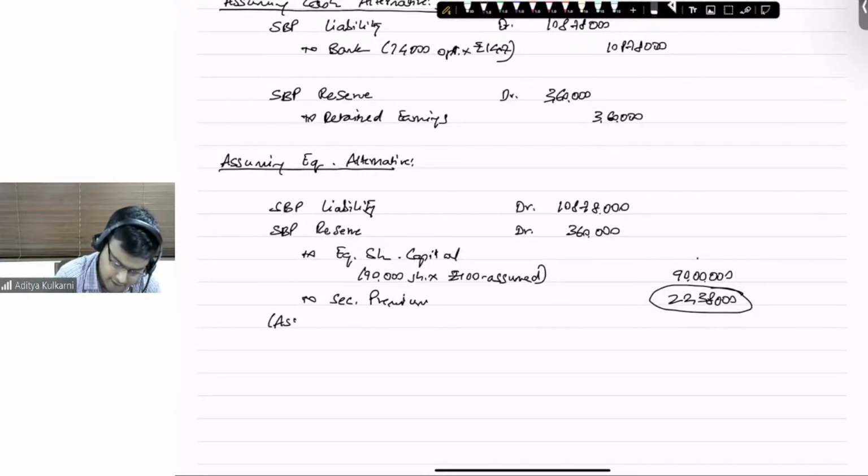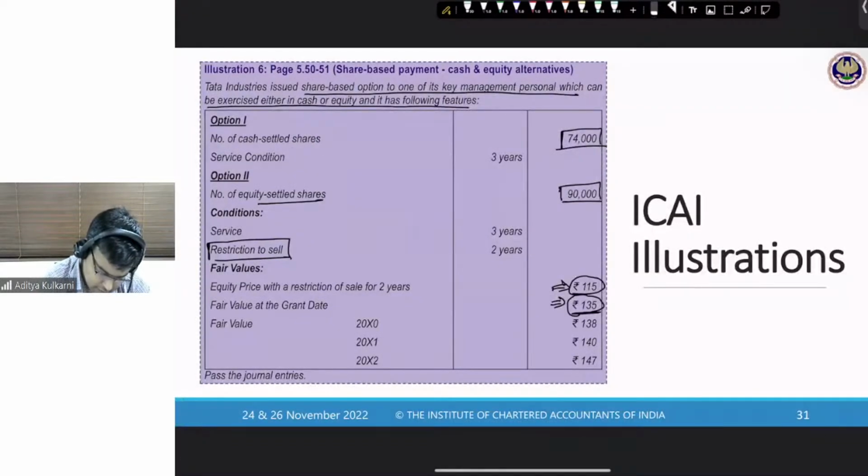Assuming face value of 100. Acha, there is an alternative which is there in your study module. Let me just show you. Page 5.50.